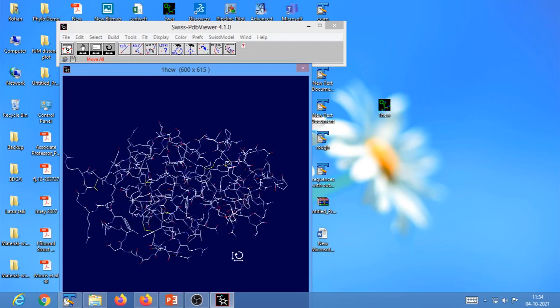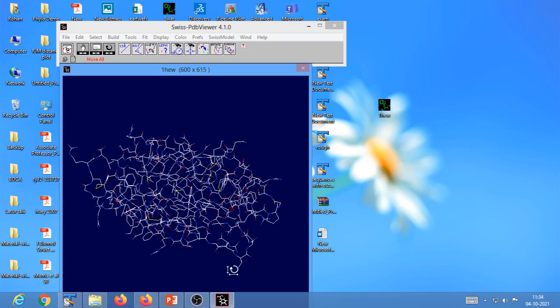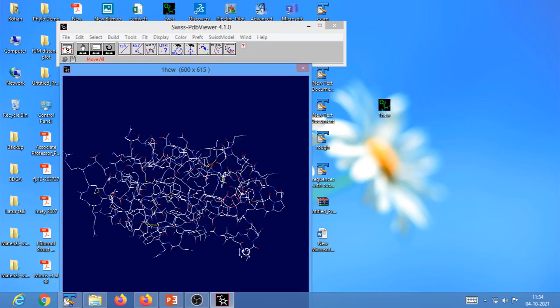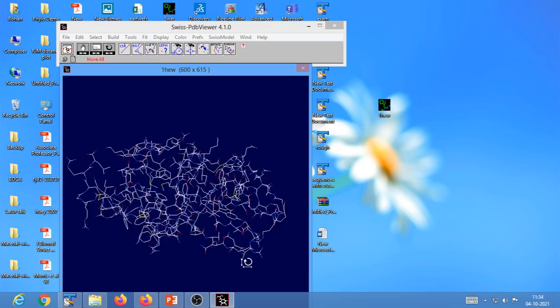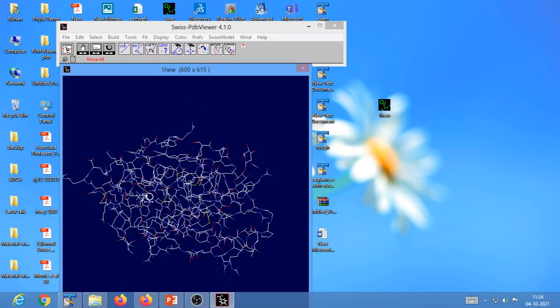We would come to visualization in our subsequent two or three or remaining lectures. We would be doing a lot on visualization, but today's objective is to understand how this data is arranged in a PDB file, and how the data from the PDB file is interpreted by this software to generate such a three-dimensional model. That is our major focus of discussion for today, at least for the time being.